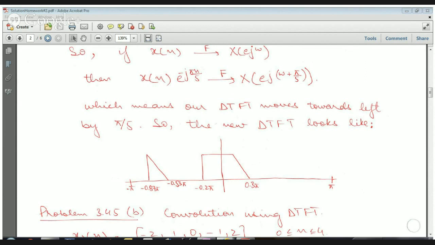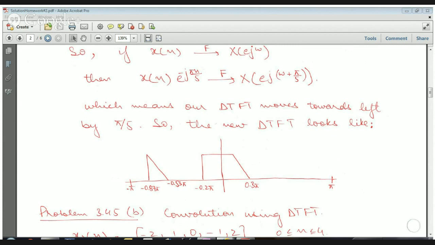So this is the Fourier transform of x[n]. You are given a new signal, let's call that z[n]. So z[n] is x[n] e to the minus j pi n by 5.